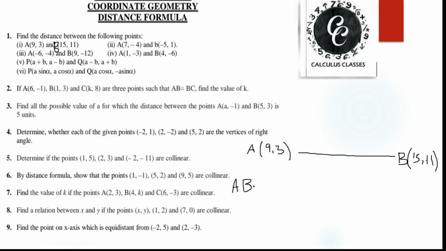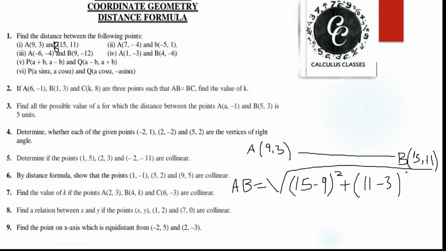What was the AB formula? Square root of (x2 minus x1) whole square plus (y2 minus y1) whole square. In the place of x2 we have 15, and in the place of x1 we have 9. And for y2 minus y1, we have 11 minus 3.